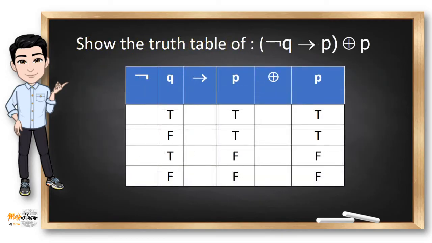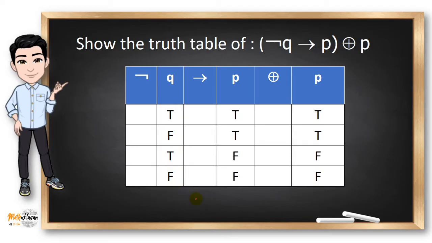Now, how about this example? Again, we begin by separating the propositions and logical operators using columns. Now, following the laws of precedence, we need to operate on the values inside this grouping symbol or parenthesis. Now, as you can see here, I already placed the pattern for the proposition P and for the proposition Q. For P, I use double T and double F, and for Q, I use TF, TF.